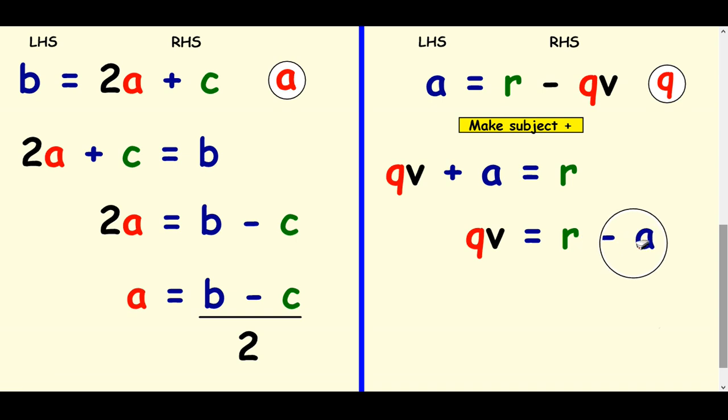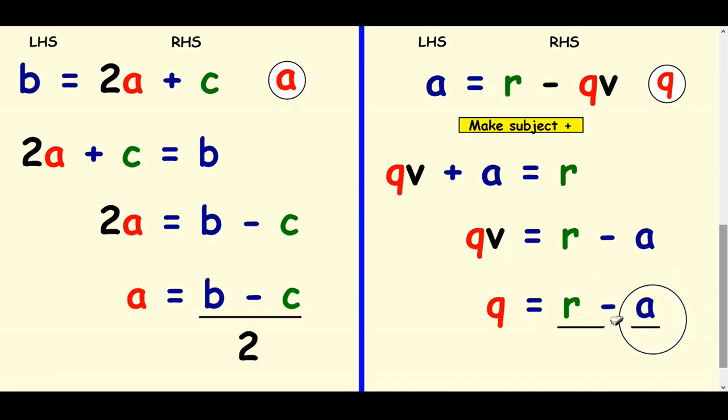I've got my Q in that, because that's the subject. So I'm taking away the A there, just as we did before with the C. And lastly, I want Q on its own. It's been multiplied by the v. Similar to this one's been multiplied by the 2, so I want to divide by v to finish it off. And I'm done.